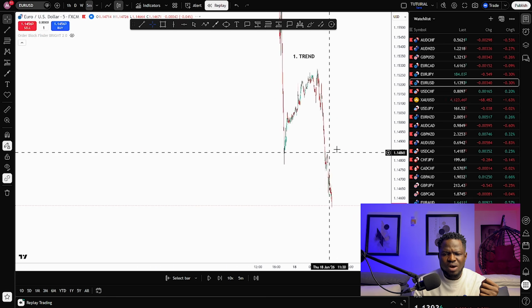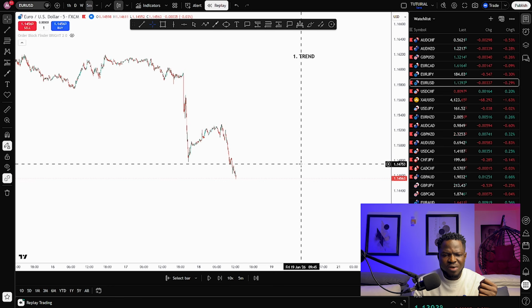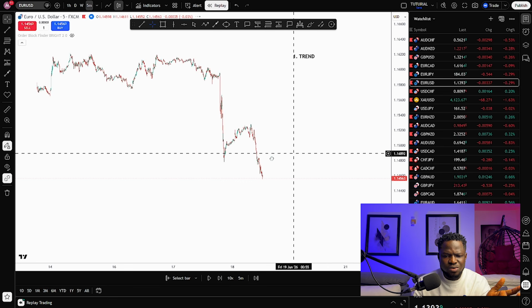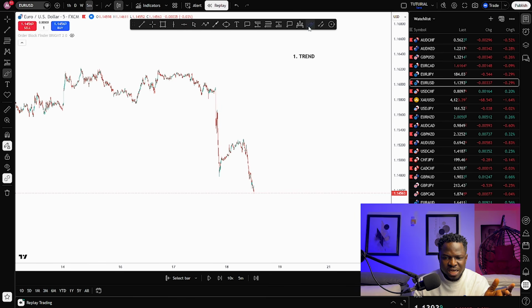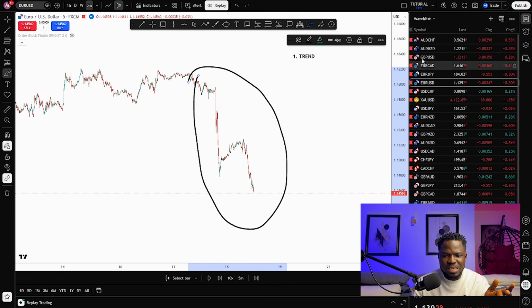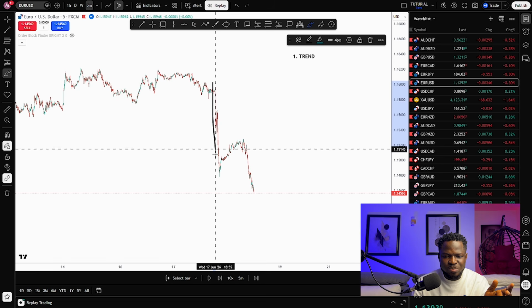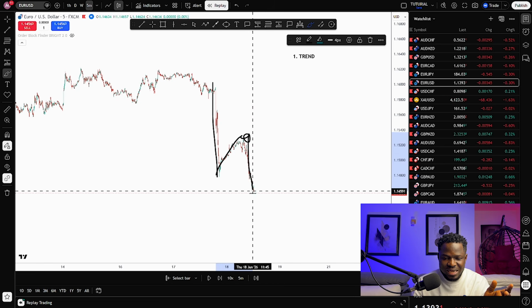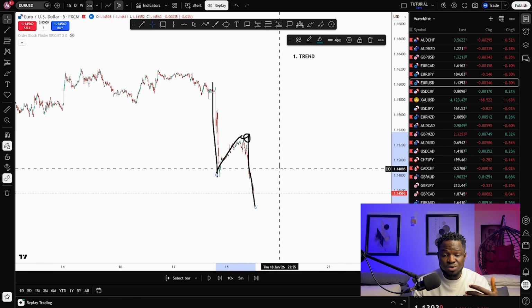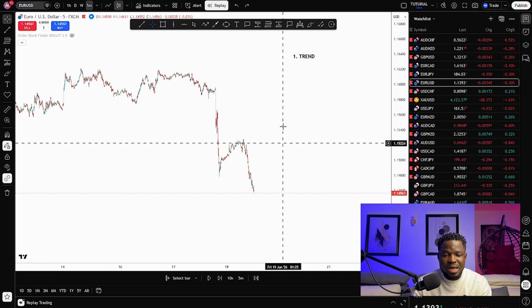So if you look at the overall direction of the chart on the 5 minutes of EURUSD right now, you will agree with me that sellers are the ones in charge of the market. And you can see price action give us an expansion phase, then a retracement phase to give us a new lower high, then another expansion phase to give us a new lower low.